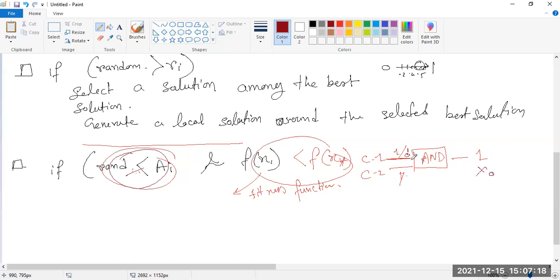If this is 1 but this is 0, it will again become 0. So only whenever both conditions A and B are satisfied do we go for the next step. Then accept the new solution.